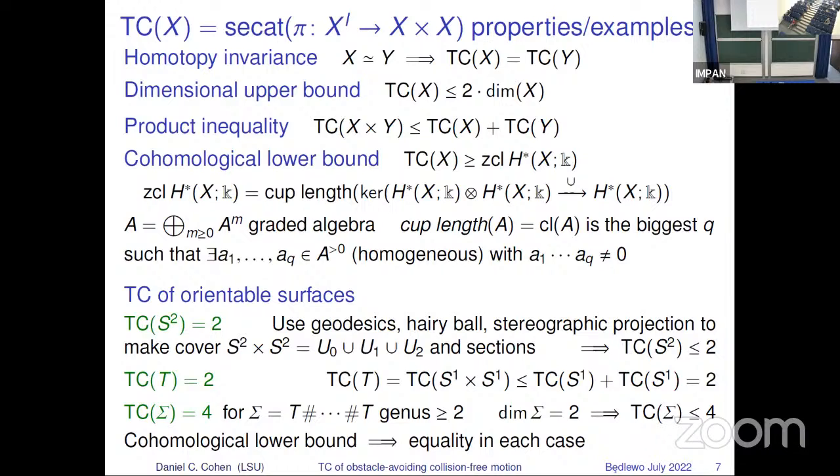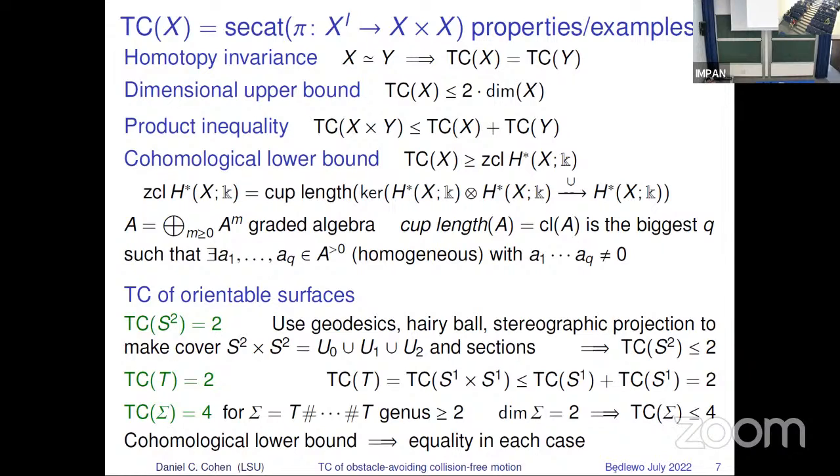So take your favorite field coefficients and think about the cup product map from the cohomology of X tensor itself to that of X. This map has some kernel called zero divisors, and you want to look at the largest length of a word you can make with elements in that kernel.